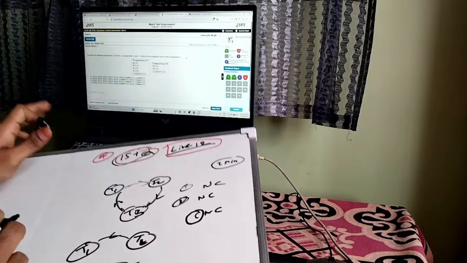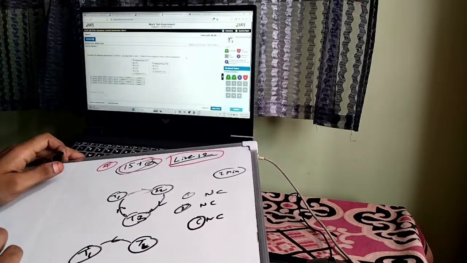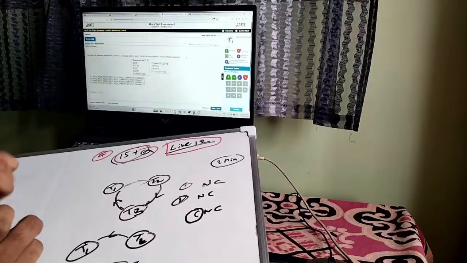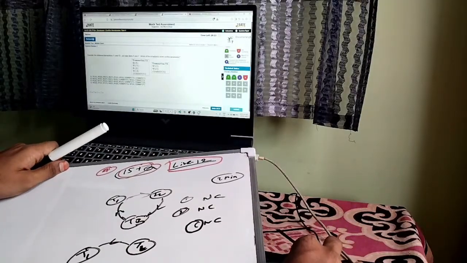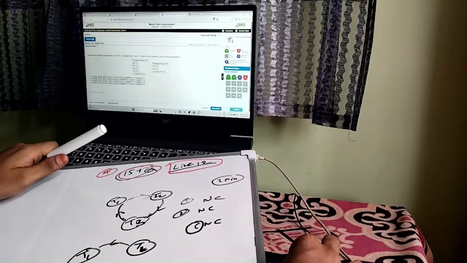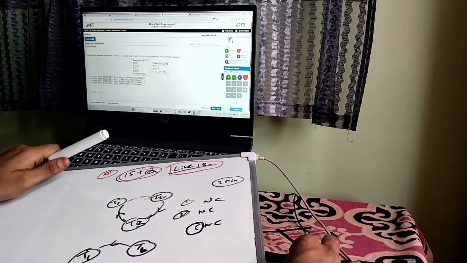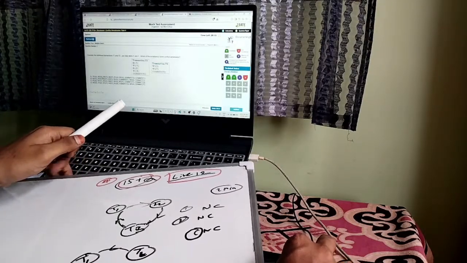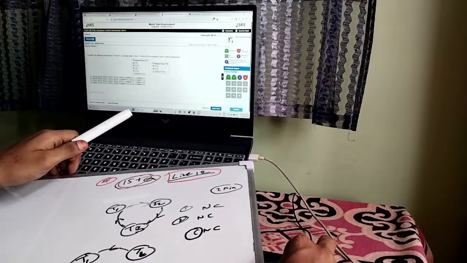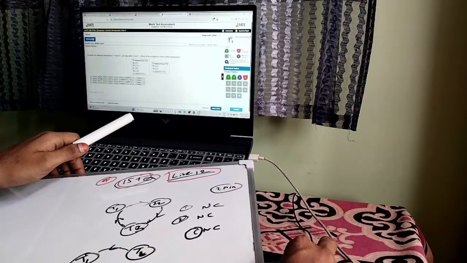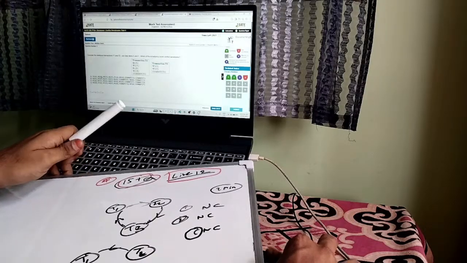Okay, I'm given four schedules, and we have to find which is conflict. This X here, we have to find X, but with different transactions.